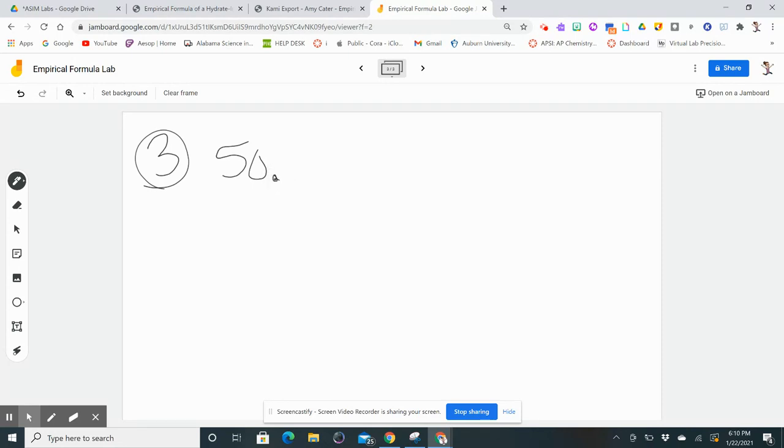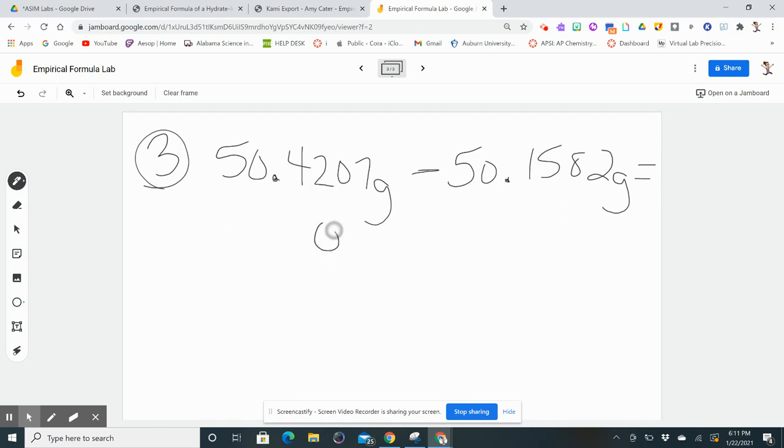So this is the mass of the beaker and the residue, and I'm going to subtract from that the mass of the empty beaker, 0.1582 grams. And so when I subtract that for this sample data, I'm going to wind up getting 0.2526 grams of magnesium chloride.